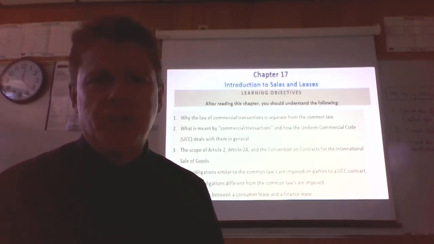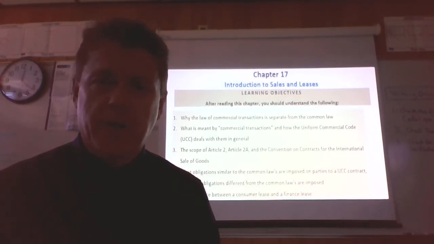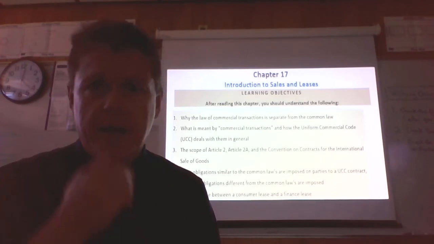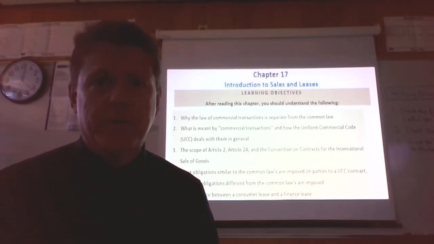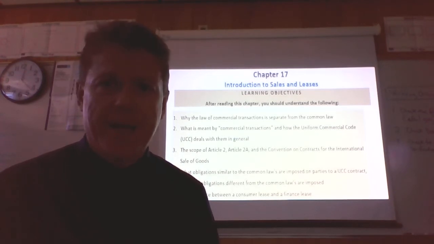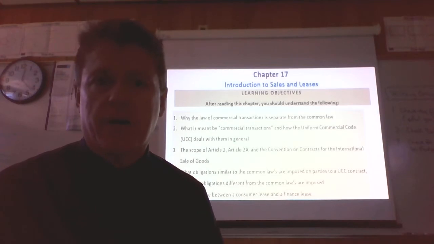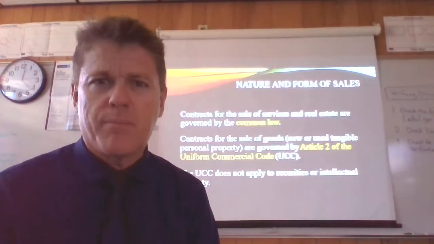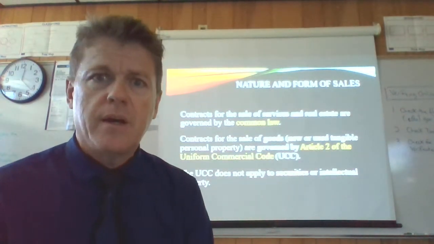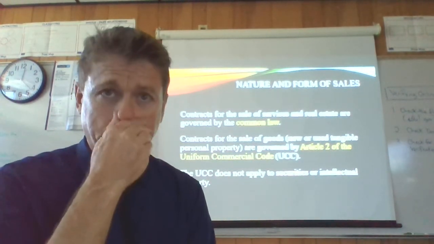We'll talk about the nature and scope of Article 2 versus Article 2A types of transactions that come under the UCC. And then in general, we'll talk about obligations that the common law imposes on parties to a UCC contract and how that's different from what the UCC requires. Those are the primary learning objectives for this chapter.